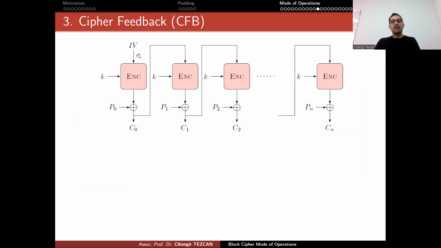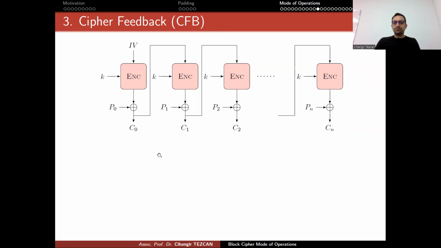So let's look at this. We start with IV. Instead of encrypting the plain text 0, I encrypt the IV, then XOR it with the plain text block and obtain C0, then take this C0, put it here and here and here. So as you can see, we added the plain text at the end as an XOR.